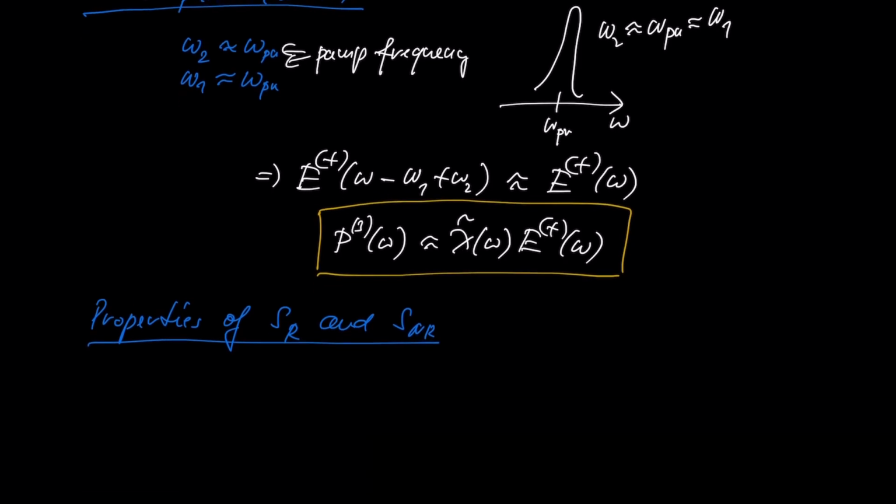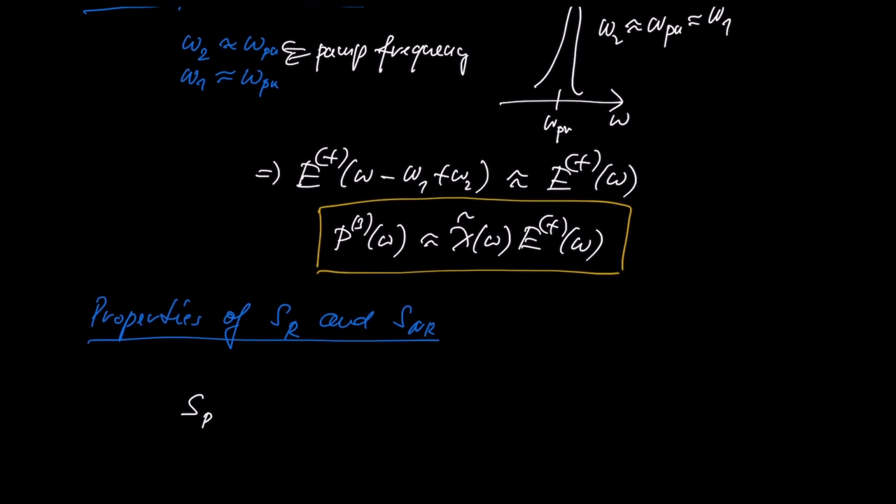Namely, let's have a look at how they depend on time. So this is a sum of response functions corresponding to individual Liouville pathways. And they always contain the elements of the evolution superoperators.